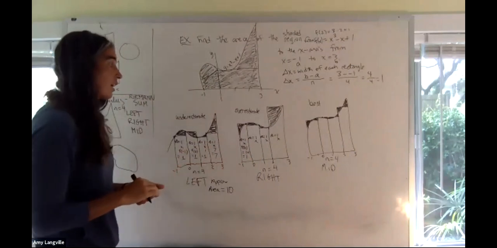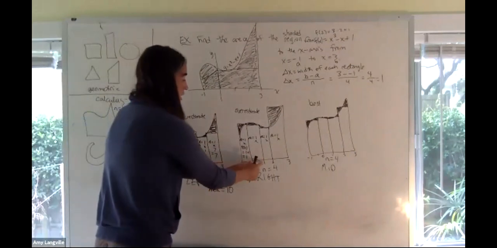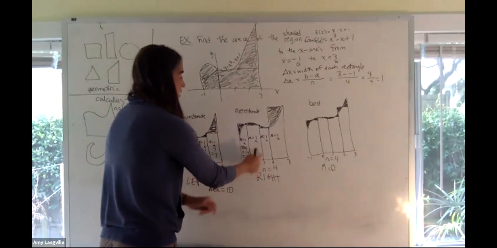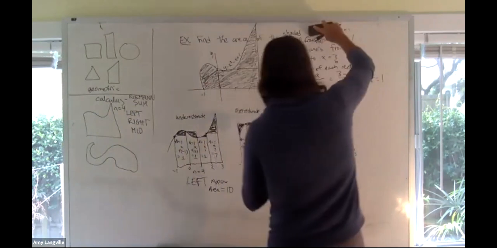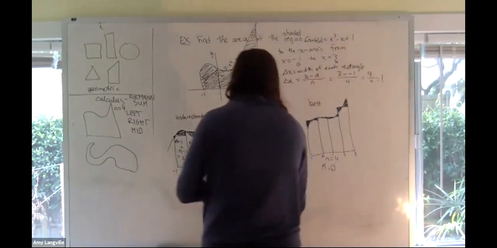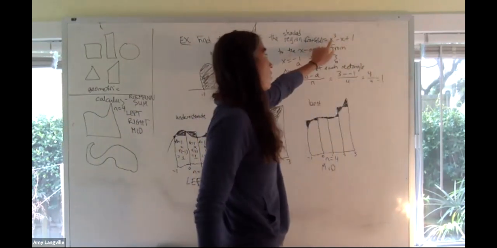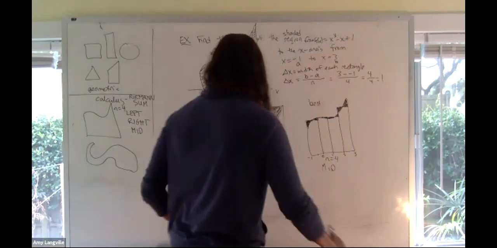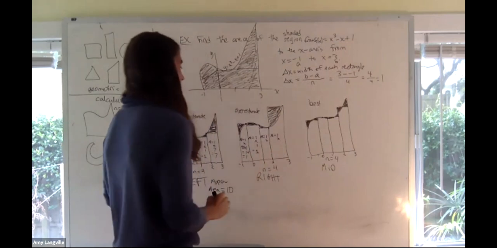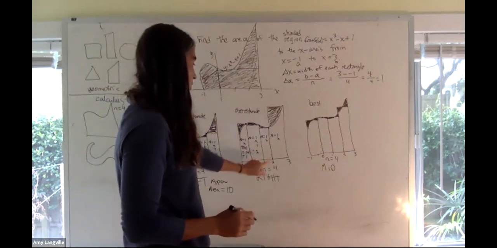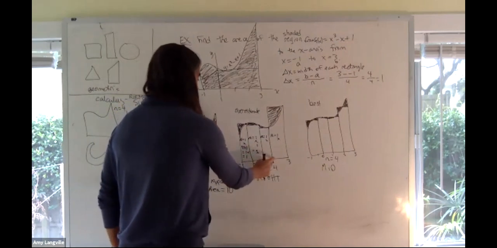We move on to our second rectangle. The height was derived from the right side. We went up to the function, so we need to know what f of 1 is. Come back to our function, plug in 1 for x. 1 minus 1 plus 1 is 1. For the third rectangle, we go to the right side.